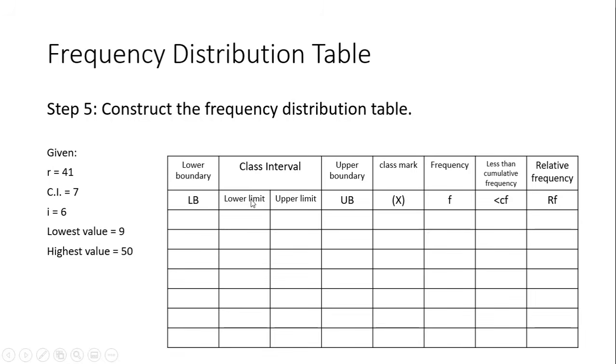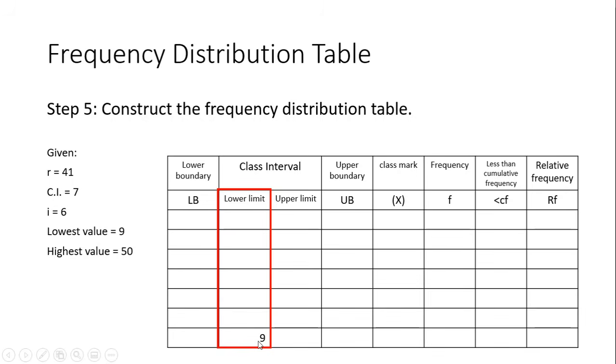So for the lower limit, we will start with your lowest value. The lowest value from the given set of data will be the number that you'll be placing at the bottom of your lower limit column. So with that, we'll be having 9. Okay, so we have 9 here.